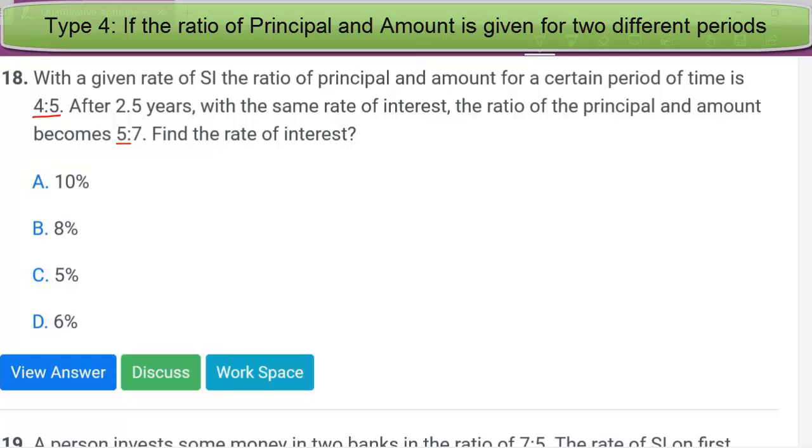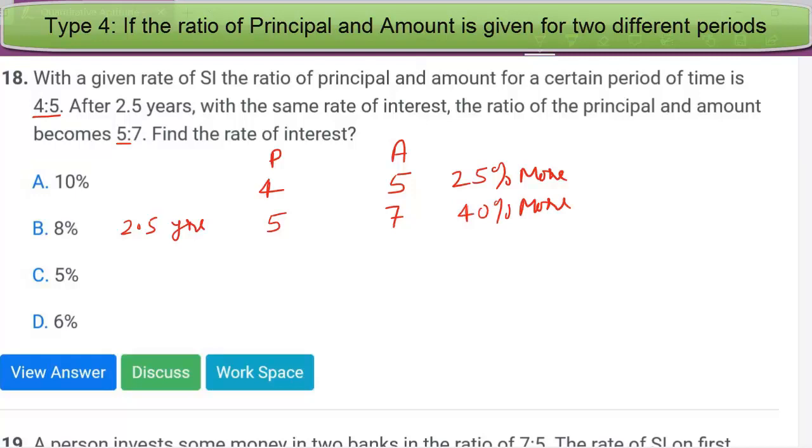Initially the ratio of principal and amount is 4:5, and after 2.5 years this ratio becomes 5:7. What can you conclude from this? 4:5 is basically 25% more, right? And 5:7 means 40% more.